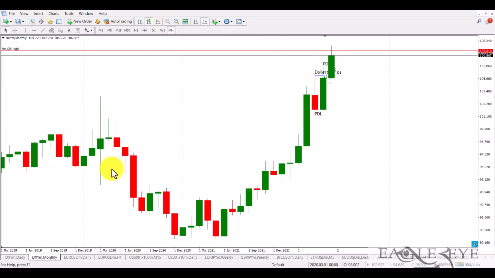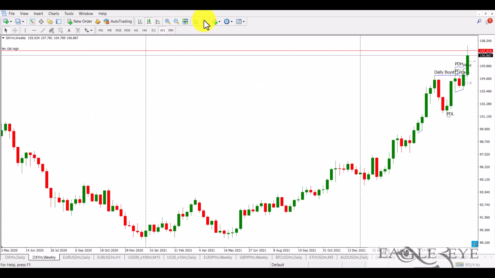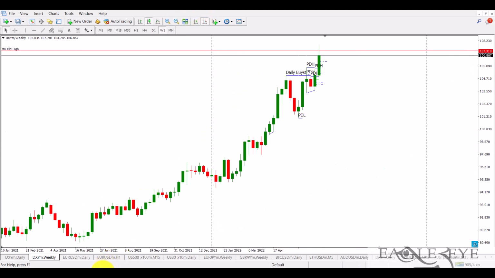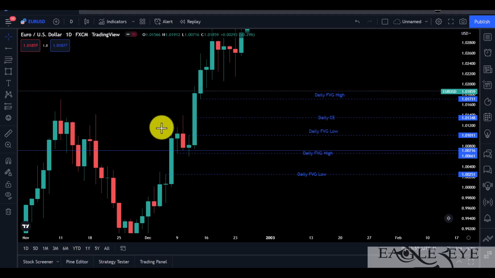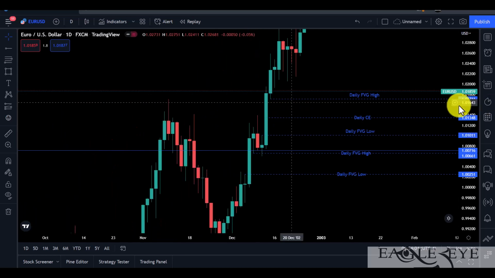The feed I'm using here, this particular broker introduced the dollar index around March of 2019, so there's not much price data to make reference from. Because of that, let's head into TradingView and see where price has worked from. So in TradingView, let's take a look at the dollar index.